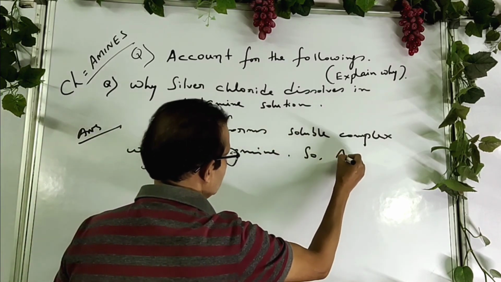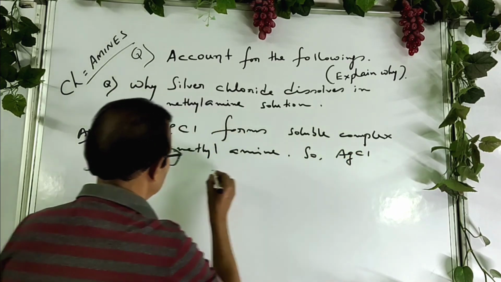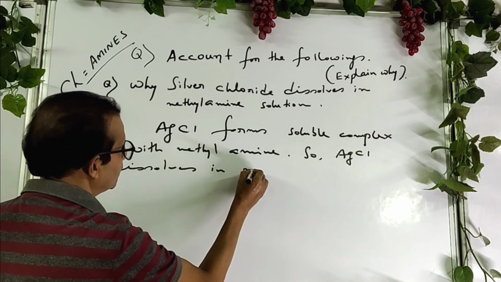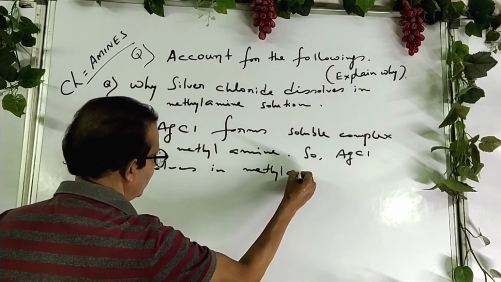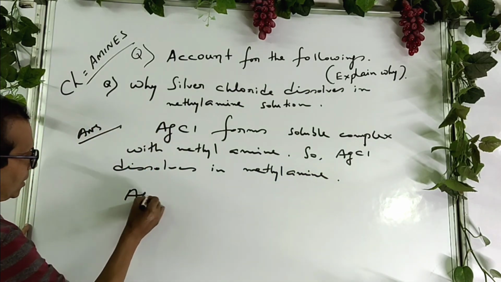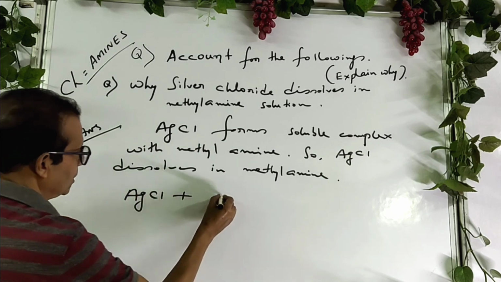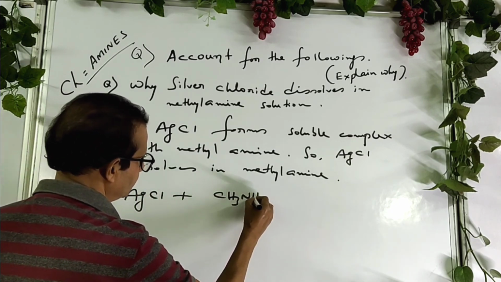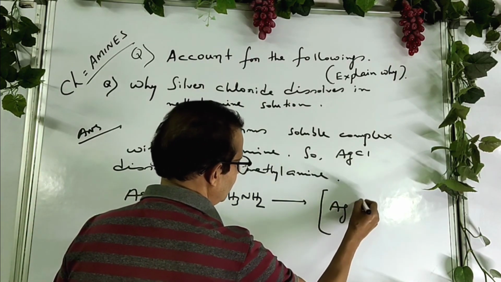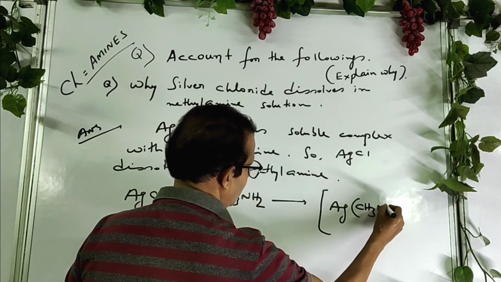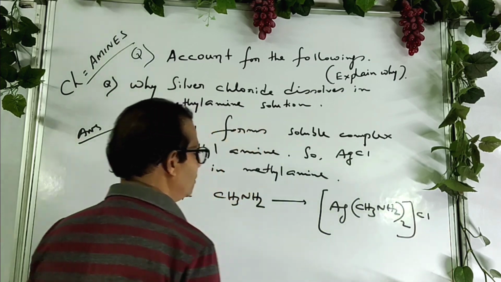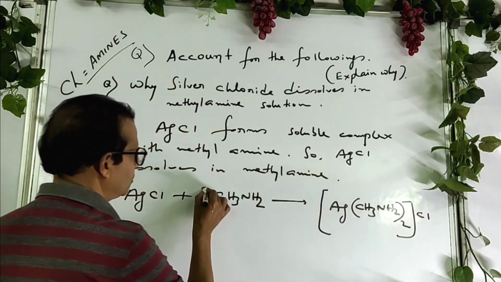So silver chloride dissolves in methylamine. How to write the reaction? Write silver chloride plus methylamine. So it forms a soluble complex, silver with CH3NH2, 2 molecules, inside the bracket, and outside the bracket there is Cl, so put 2.